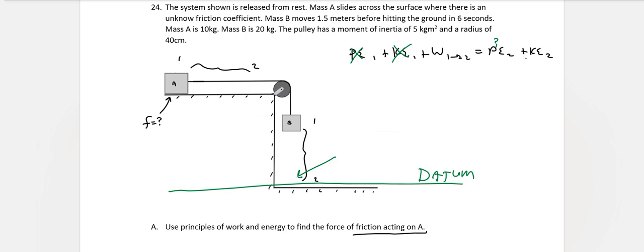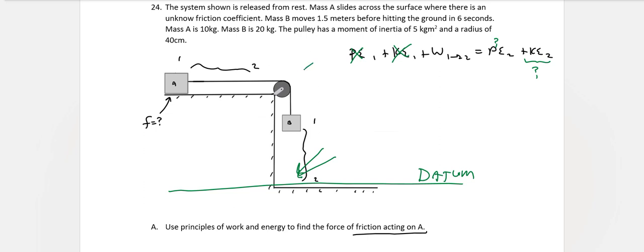Now let's talk about KE2. Mass A. Is it moving? Yes or no? If the answer is yes, you have to put a 1/2 mv squared for it, a 1/2 mass A times v squared. Okay, mass B, this thing, is it moving? And the answer is yes again. So you need another kinetic energy term for mass B, a 1/2 mass B times v squared.